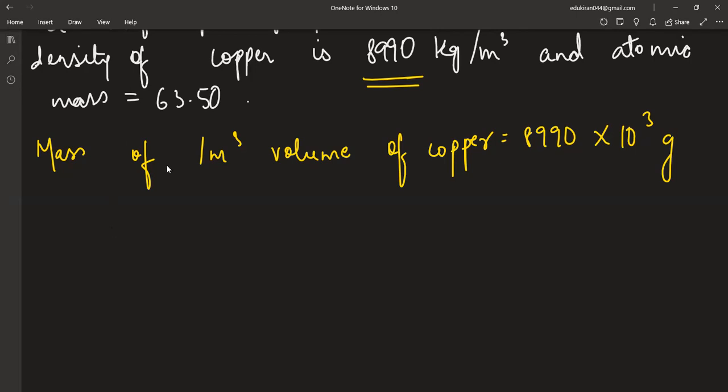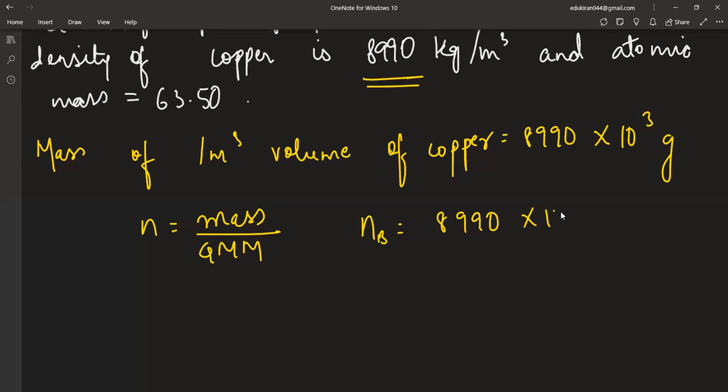Now, number of moles. If you know the mass, the number of moles is mass divided by the gram molar mass. So number of moles will be 8990 into 10 to the power 3 divided by the molar mass, 63.5.